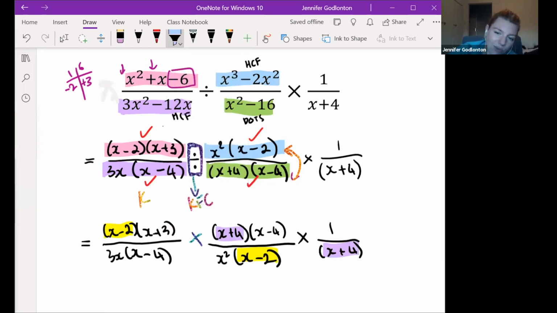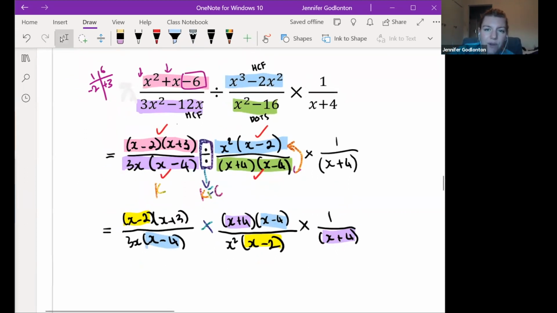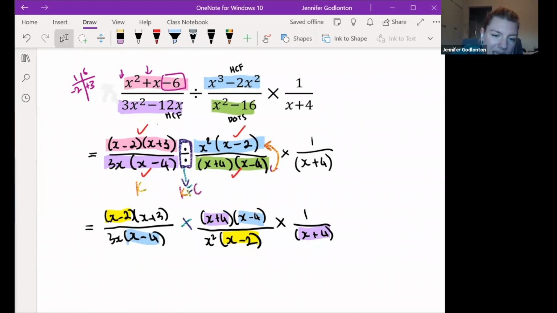This x minus 4 can cancel with that x minus 4. And so what we're left with is this x plus 3 at the top. And at the bottom, we're left with 3x, and this x squared, and we have to multiply them. And so 3x times x squared is going to give us 3x cubed. And that is going to be our final answer.